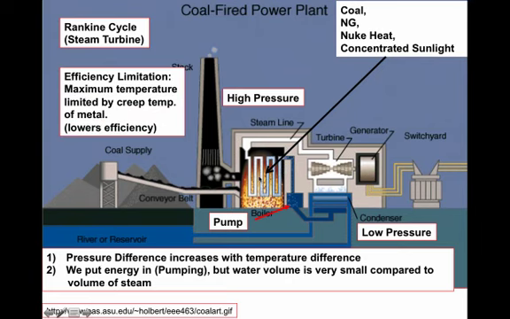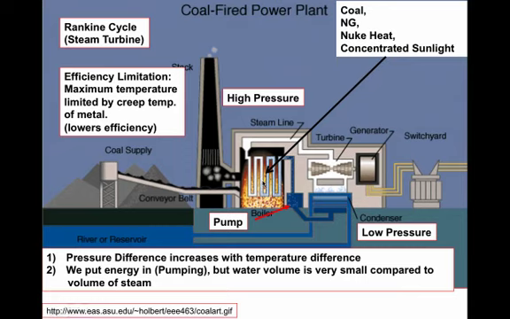Now, the efficiency limitation here is different than the Brayton cycle. In these pipes, we have very high pressure steam, and it's very high temperature. And so the problem is, how do we contain that? Because the metal, we don't want the metal to break. And so we can't get this too hot because it will cause the rupture of these pipes.